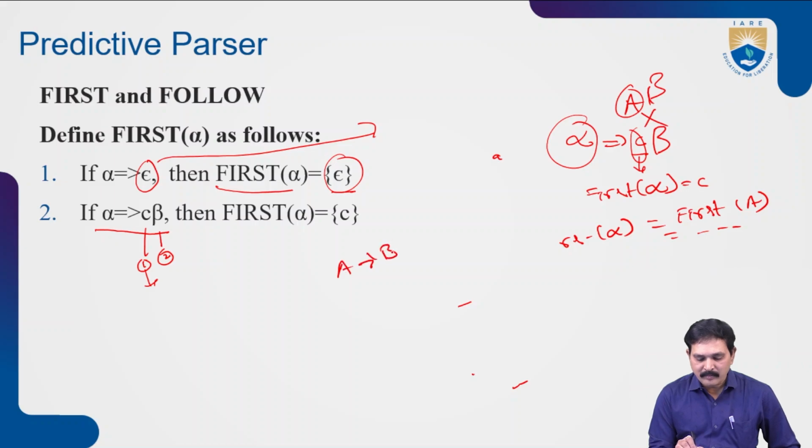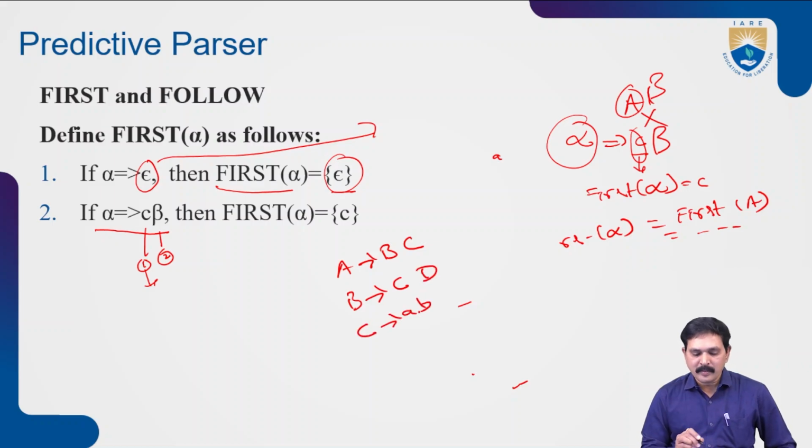A becomes B and capital C. B implies C and capital D, and C implies small a B. Suppose I want to define first of A. We should focus on the first symbol of the right hand side. It is not a terminal symbol, it is a non-terminal.